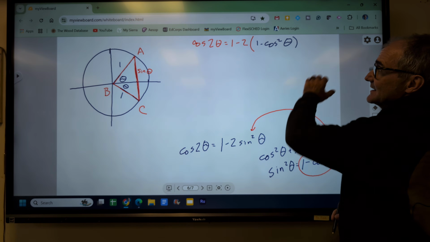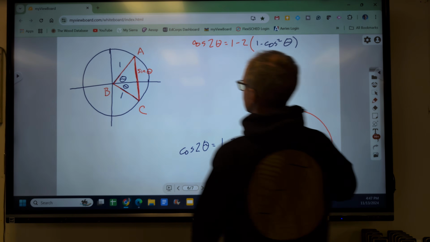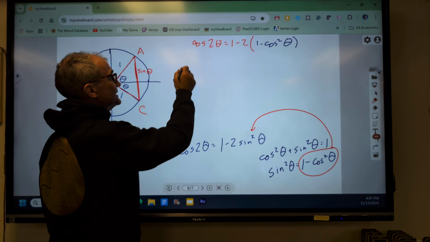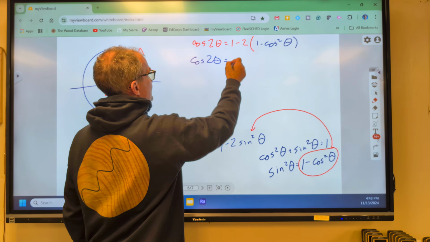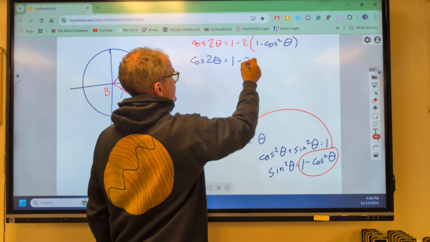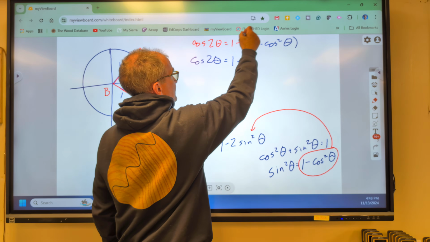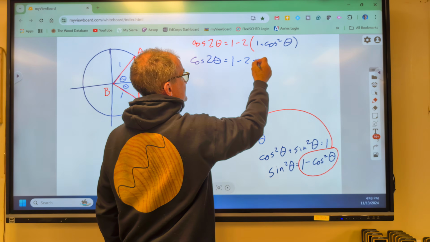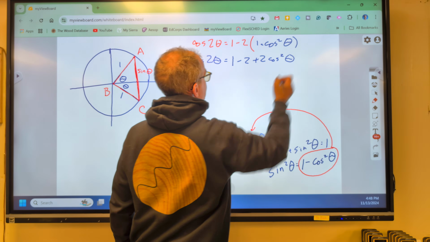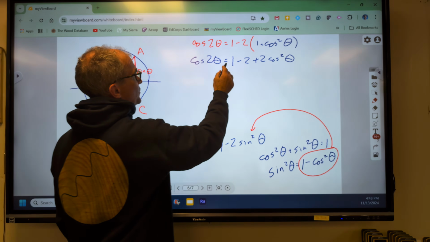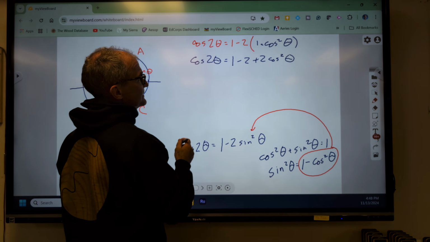I'm going to distribute that negative 2 through the quantity. So I have cosine of 2 theta is equal to 1 minus 2, minus minus, plus 2 cosine squared of theta. Just clean this up a little bit. 1 minus 2 is negative 1.